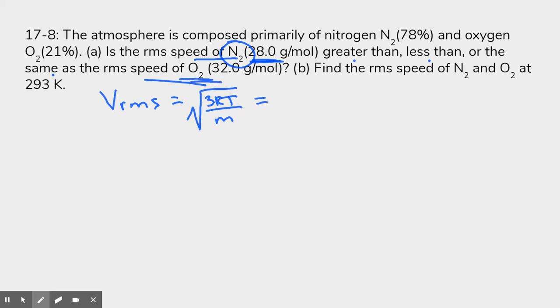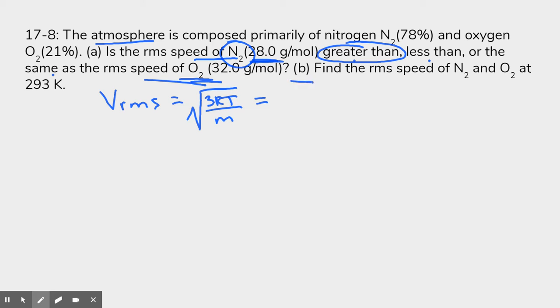Again, we say they have the same amount of energy because if we're talking about the atmosphere, and we didn't specify that there was any kind of temperature change occurring, we assume the temperature is constant, so the kinetic energy is the same. And if that's the case, then we know that the lighter molecule must be moving faster in order to keep the same kinetic energy. So it's going to be greater than for this part.